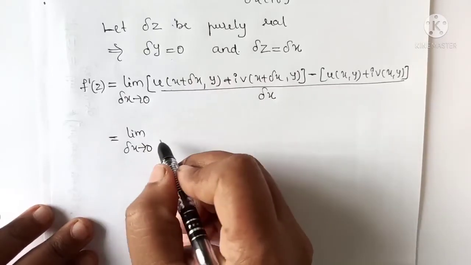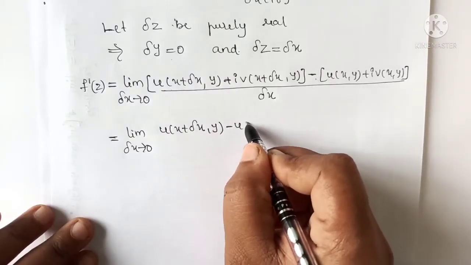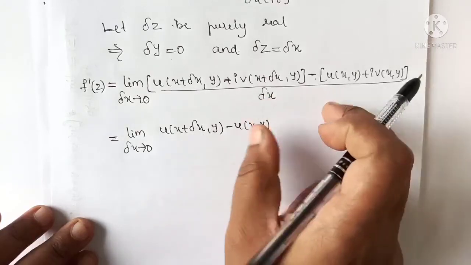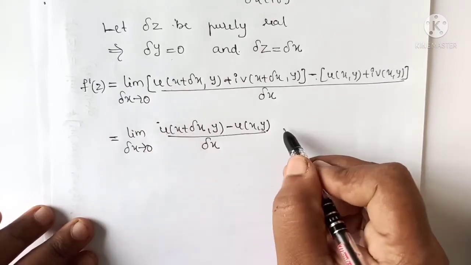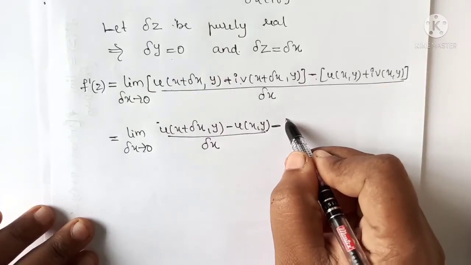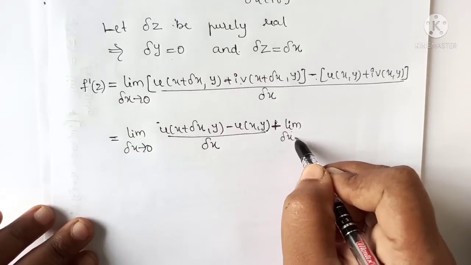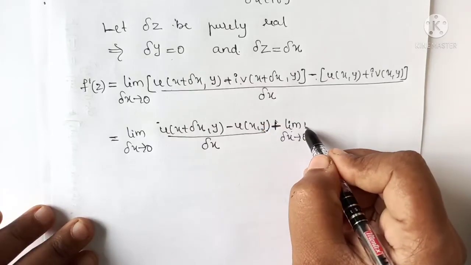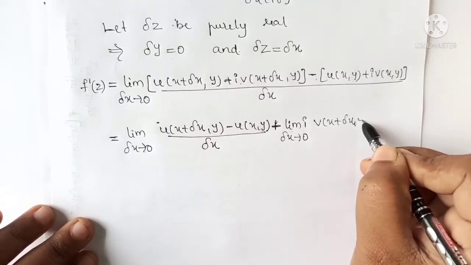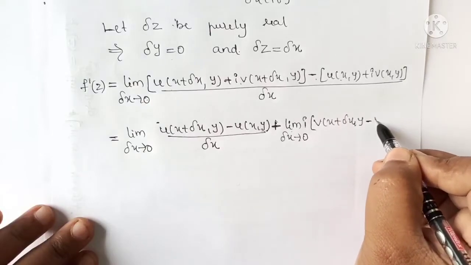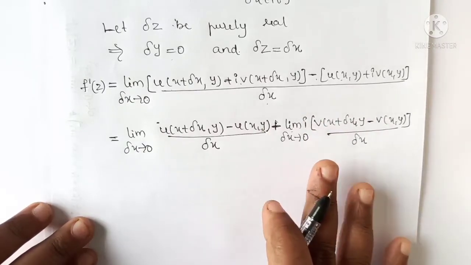We write all the u terms one side, that is u of x plus delta x comma y minus u of x comma y, and we take separate limits for u terms and v terms, divided by delta x, plus limit delta x tends to 0, taking i common from the v part, v of x plus delta x comma y minus v of x comma y divided by delta x.